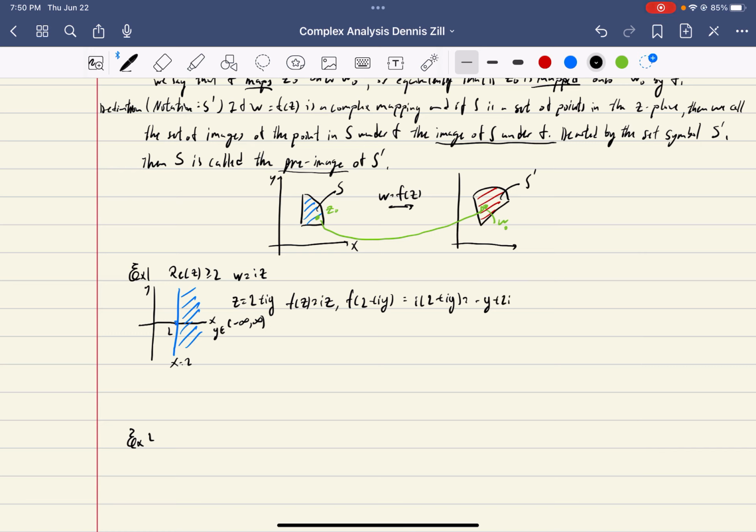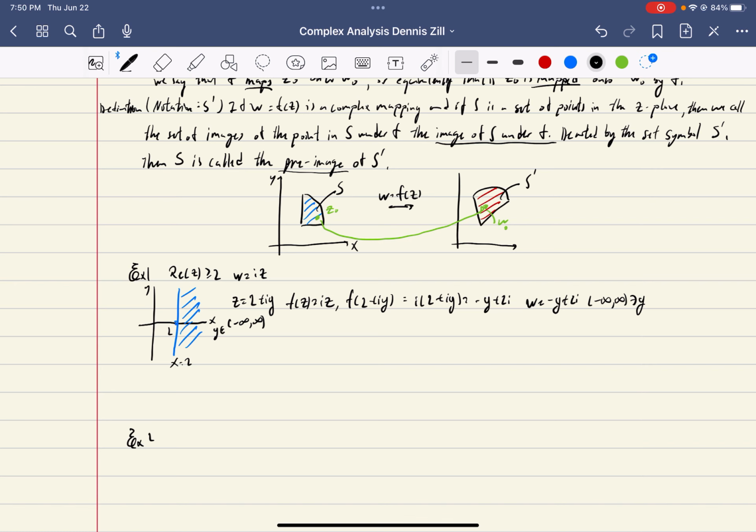So the real part becomes the imaginary axis. We can write w equal to negative y plus 2i, and we know that y is not bounded. The vertical line becomes, now that we're in the w-plane, u and v.